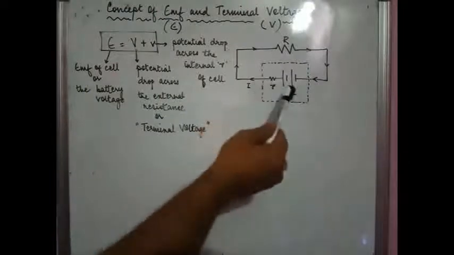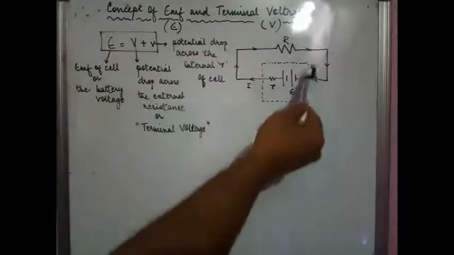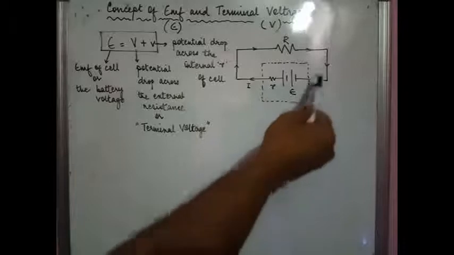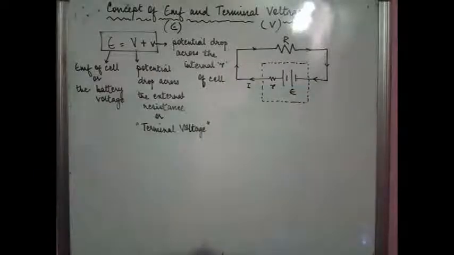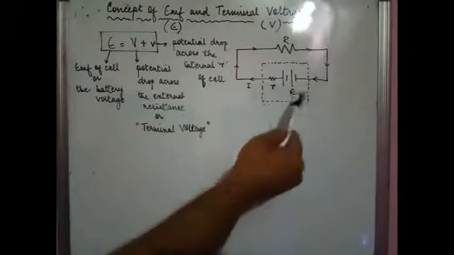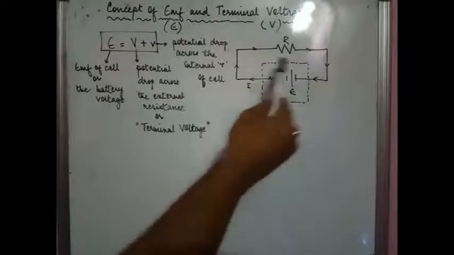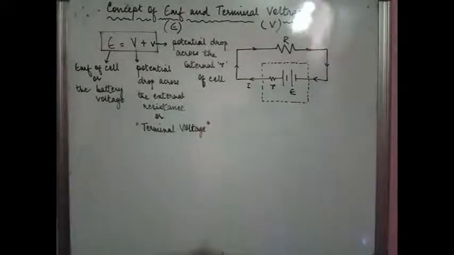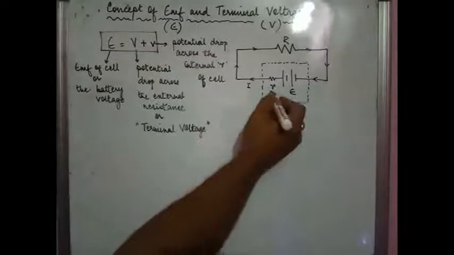As you can see, this shaded portion that I have enclosed in a shaded square is actually denoting the battery. This internal resistance r is known as the internal resistance of the cell, or the battery.